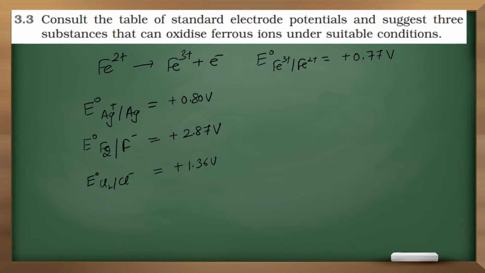Even bromine can oxidize. That means silver, chlorine, bromine, they can oxidize. Okay, got it? Because their reduction potentials are higher.